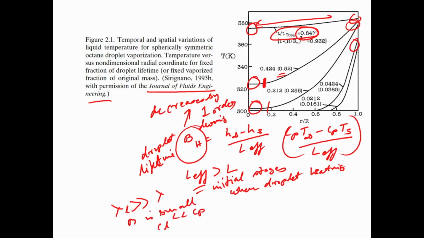Okay. So, for an ambient temperature of a few hundred degrees, that means when T infinity is of the order of 100 degrees, this actually leads to the surface temperature Ts being the same as the volumetric average temperature of the liquid.